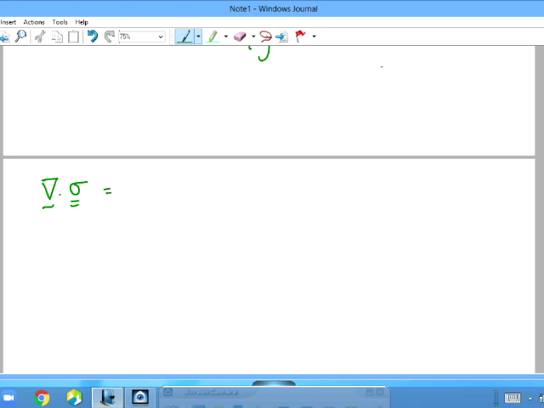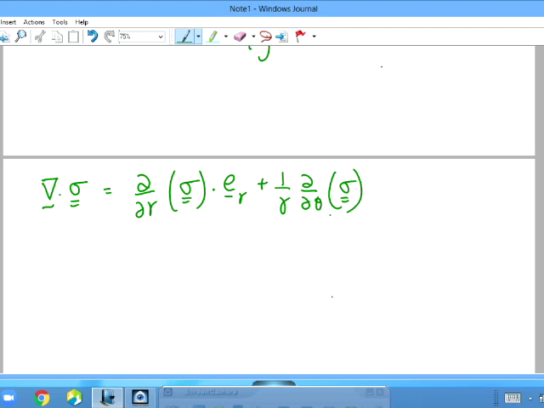So the divergence operator, first of all, in cylindrical coordinate system is del by del r of sigma dot product er, plus 1 over r del by del theta of sigma dot product e theta, plus del by del z of sigma dot product ez. So that's the definition of divergence in the cylindrical coordinate system.